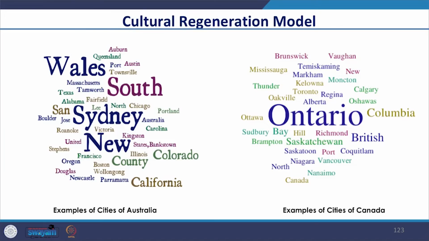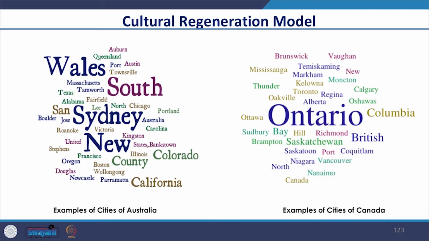There are numerous examples in this category. As I said, this became very prominent and popular. Examples include cities from the United States like Auburn in Lee County, Alabama, Austin in Texas, Boston in Massachusetts, Boulder in Colorado, Chicago in Illinois, Douglas County in Colorado, Portland in Oregon, and so on.